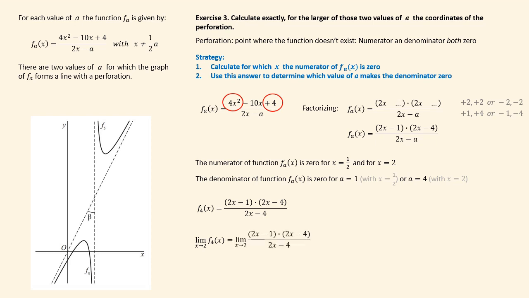So then we have the limit as x goes to 2 of this expression, and you see that in the numerator and the denominator the term 2x minus 4 can be cancelled. So then we're left with the limit as x goes to 2 of 2x minus 1, which is simply 3. Now the coordinates of this perforation are x is 2 and f4 of x is 3, so (2, 3).